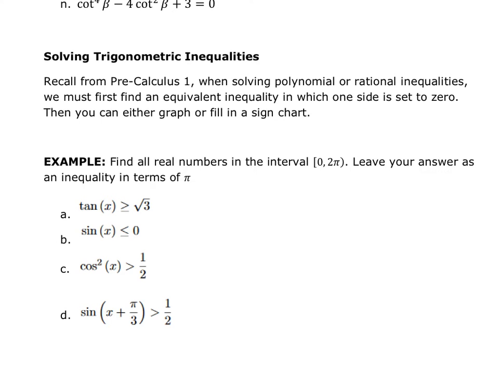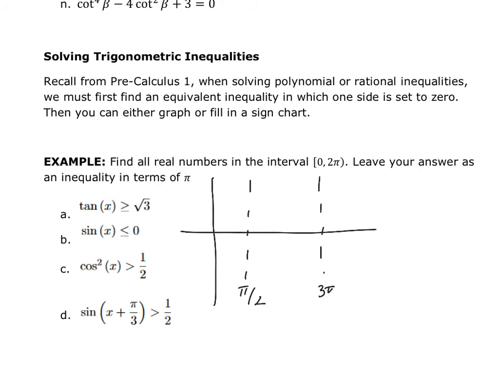All right, so now let's talk about solving trig inequalities. Let's take a look at A. So for A, I'm asked to find the tangent of x to be greater than or equal to the square root of 3. And I'm going to take a moment and think about the graph of the tangent. So the graph of the tangent, at pi over 2, we have a vertical asymptote.